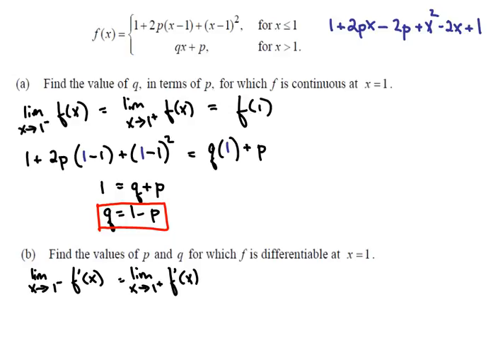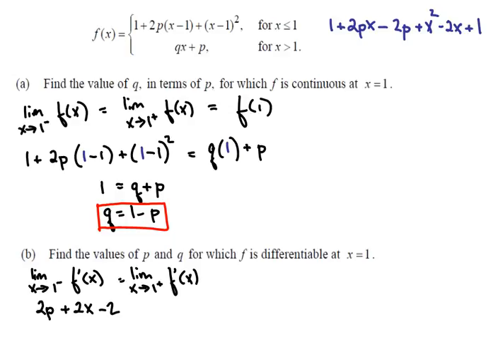The derivative of 2px is 2p. The derivative of negative 2p is 0. We're assuming that p is a constant here, not a variable. The derivative of x squared is 2x. The derivative of negative 2x is negative 2. And the derivative of 1 is equal to 0.